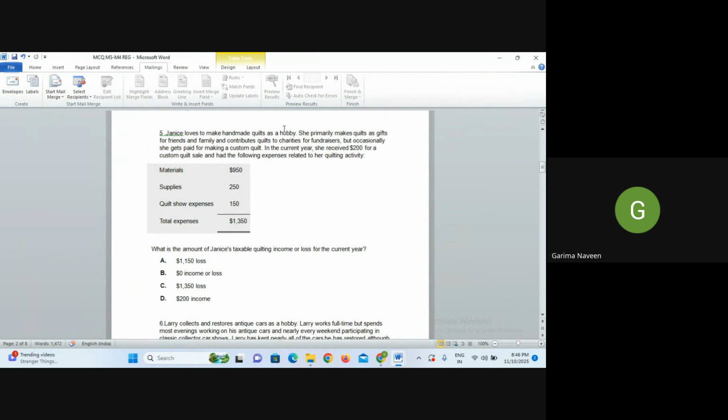So it is related to your hobby. What is the amount of Janice's taxable quilting income or loss for the current year?